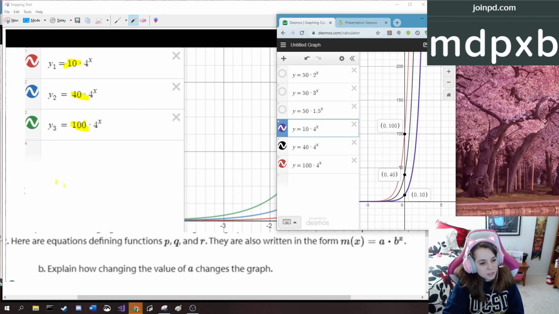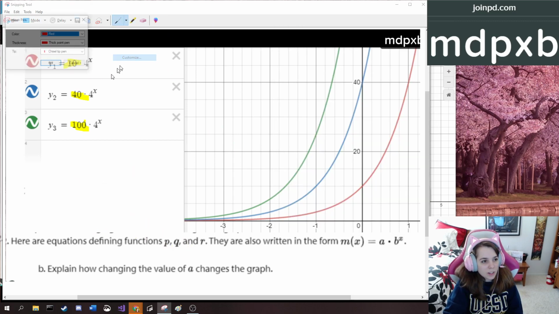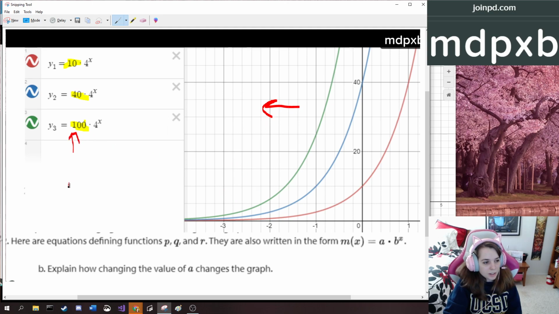So what it does when you keep the rate the same but you change the starting value is it shifts the graph left.